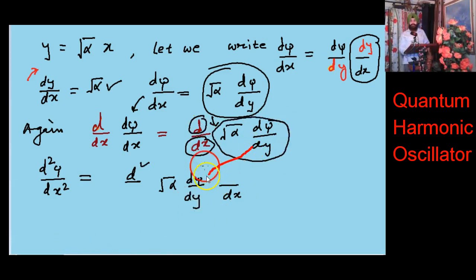Then d psi by dy is here, and root of alpha is here. Now what do we do then? We multiply and divide by dy.